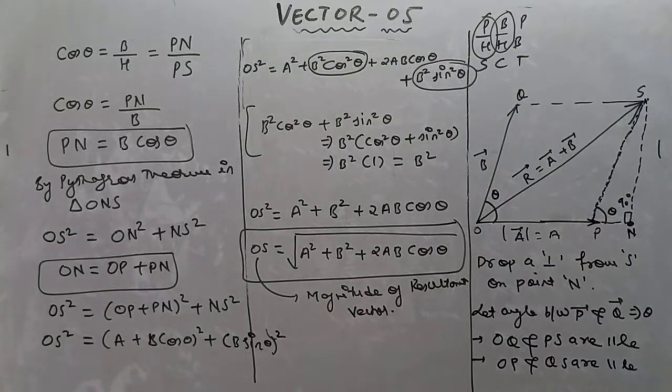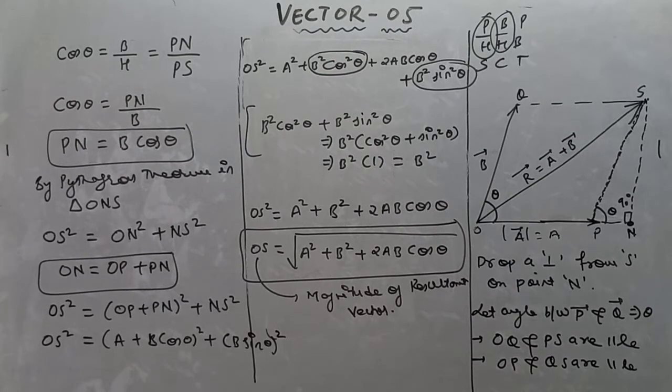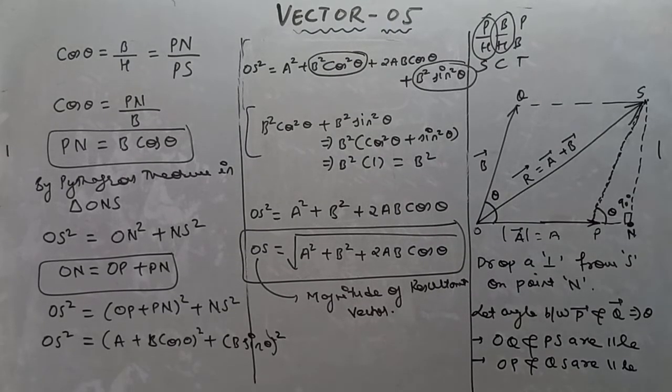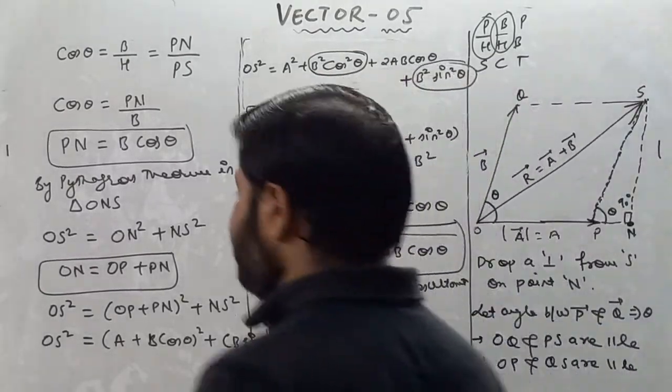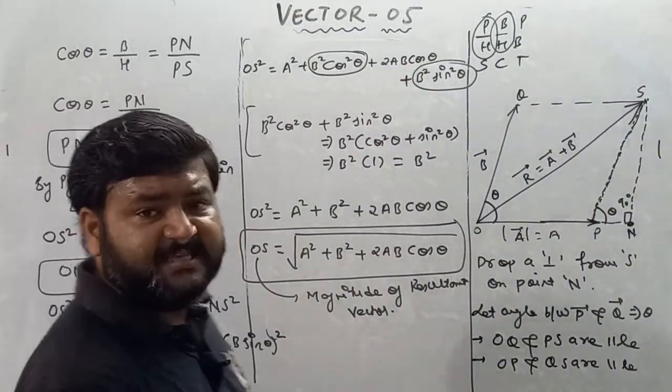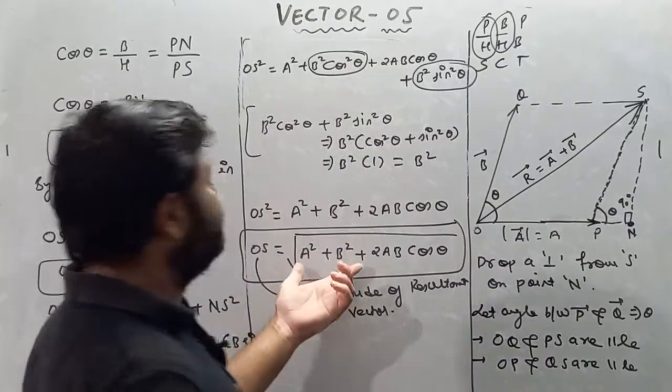My dear student, I hope you all are getting my point. This is how we find the magnitude of the resultant vector through the parallelogram law of vector addition. The parallelogram law and the triangle law of vector addition are very similar to each other. All the processes are the same and the result is also the same.